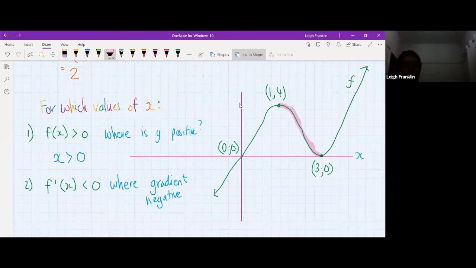So between 1 and 3. How are we going to write that? Where x is greater than 1 but smaller than 3. Does that make sense, everybody?